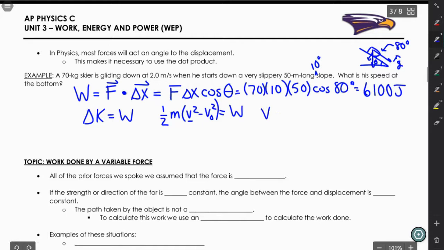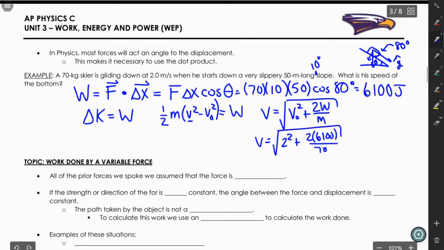So v is the square root of initial velocity squared plus 2W over m. Now we can plug in our numbers: square root of 2 squared plus 2 times 6,100 joules divided by 70. We find that after his trip, he's going to be traveling 13.4 meters per second right after he goes down this slope.